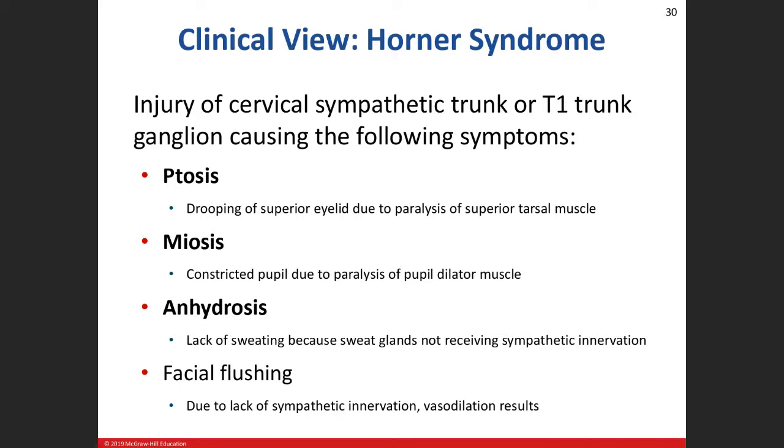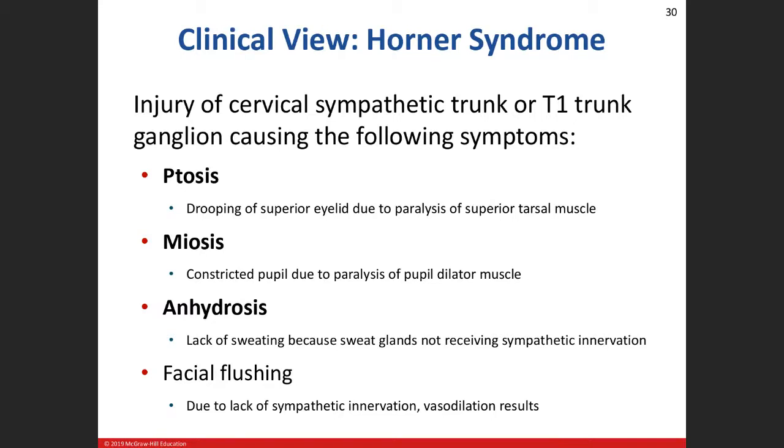So when you lesion the sympathetic division of the autonomic nervous system, essentially anything that is sympathetic will not work anymore, which means the parasympathetic will be expressed more, okay?